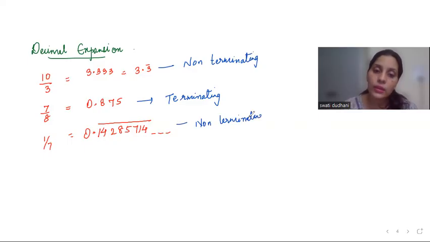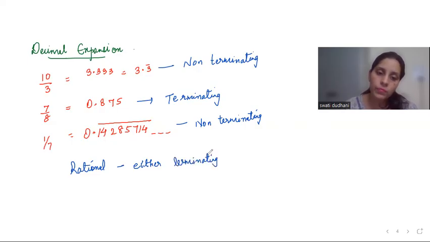It will keep repeating. It continues. So rational numbers are either terminating or non-terminating repeating.